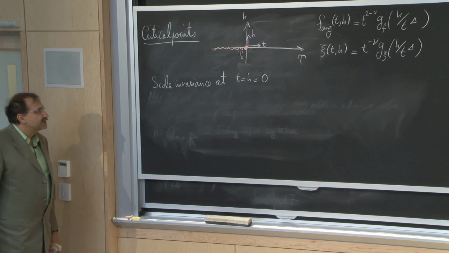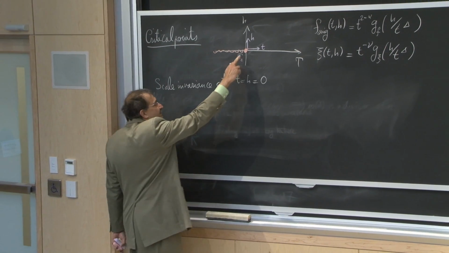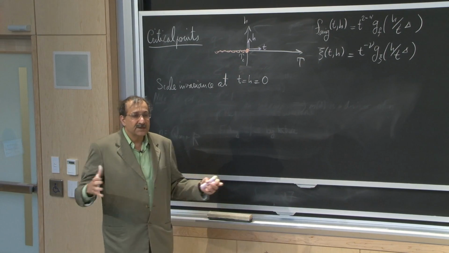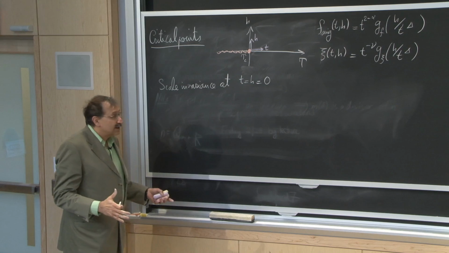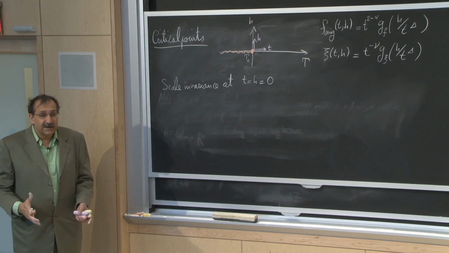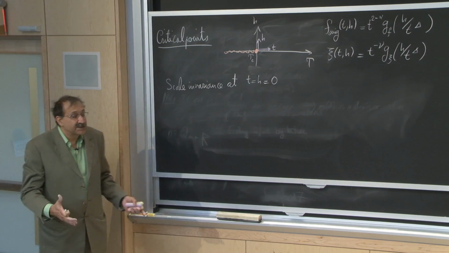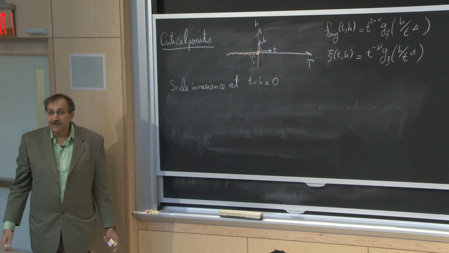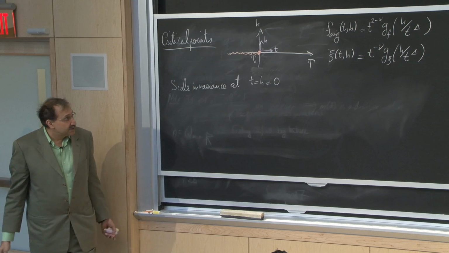Basically what that means is that when you are at that point, you look at your system, it's a fluctuating system, and the fluctuations are such that you can't associate a scale with them. The scale has already gone into the correlation length that is infinite.